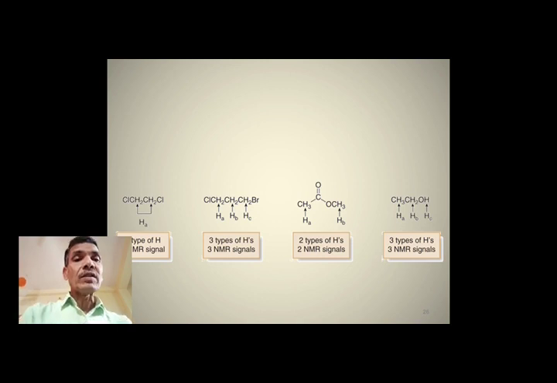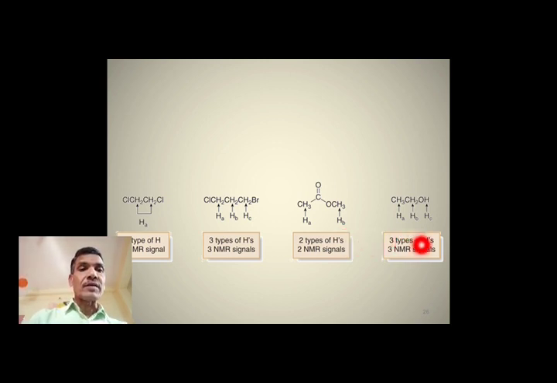In another example, here in methyl acetate, this CH3, these protons Ha and these protons Hb. It is attached to CO group, while these protons are directly attached to oxygen atom. Therefore, chemical environment of these protons and these protons is different. Hence, methyl acetate possesses 2 sets of protons and this molecule gives 2 NMR signals.